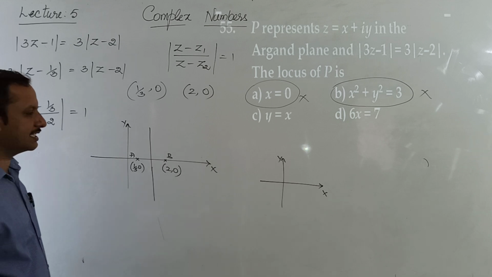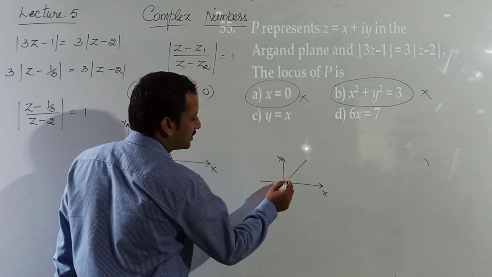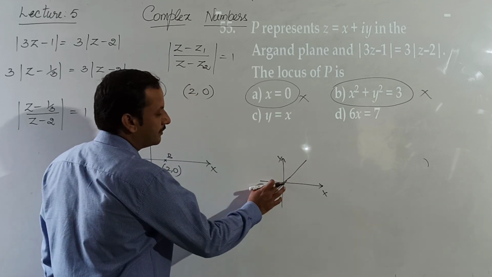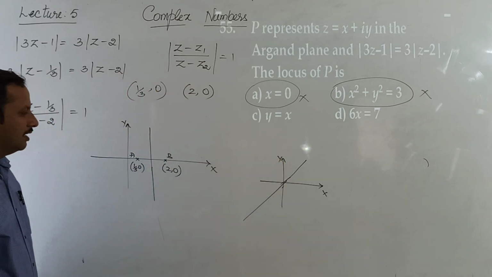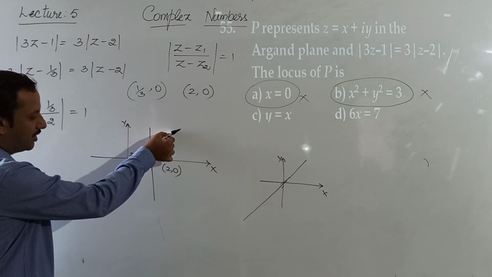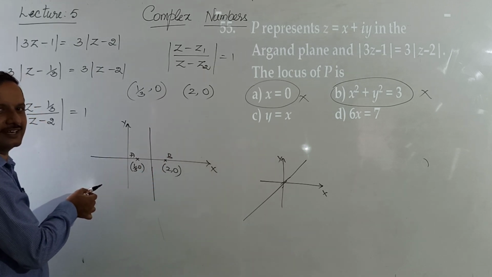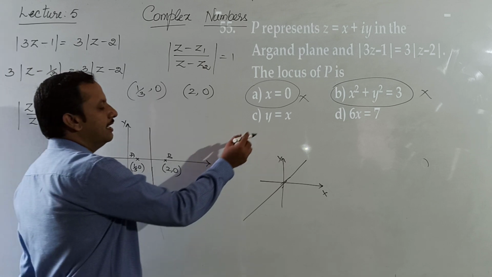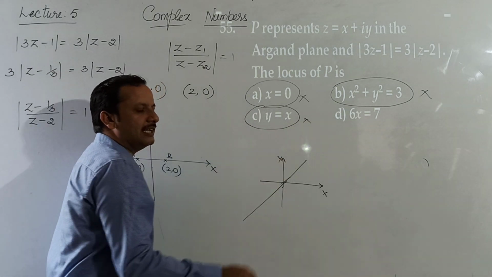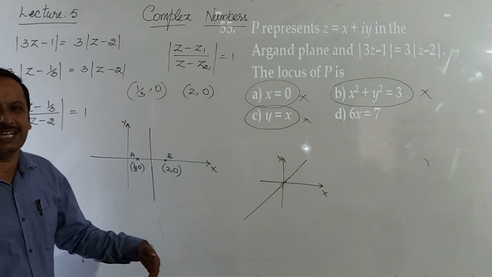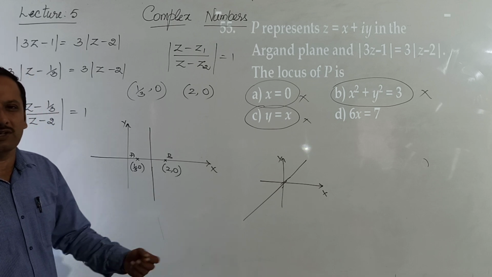Y is equal to x is a straight line whose slope is 1. This is the line y is equal to x. Perpendicular bisector is here, but we are talking about y is equal to x here, right? So y equal to x cannot be the answer. Three options are eliminated. Only one option is left. That has to be the right answer. Okay, that way you can save your time.